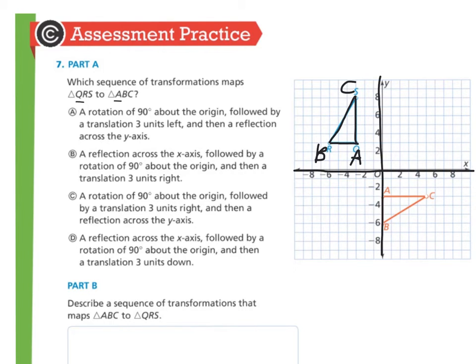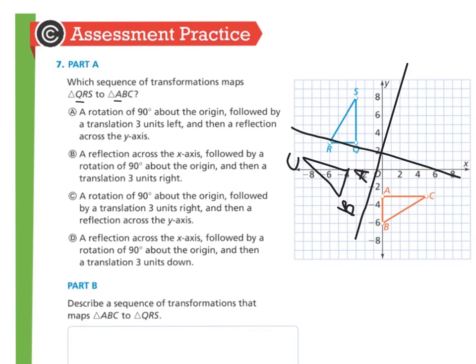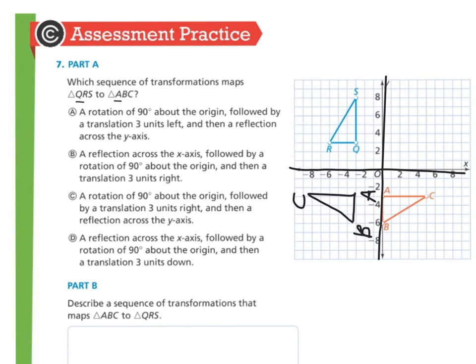So part A, it's saying maybe that we're doing a rotation of 90 degrees. So let's look at this. If we were doing a 90-degree rotation, and again, we're going to assume counterclockwise since they didn't say, and that's what they always do. And then a translation 3 to the left.